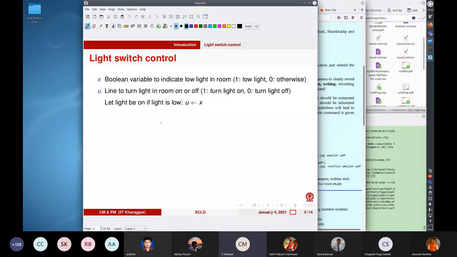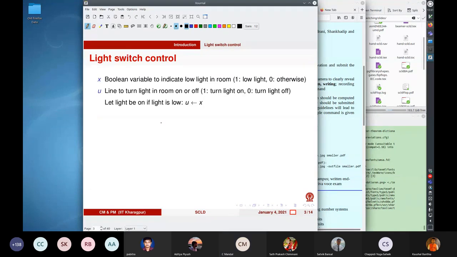Let us say that the corresponding line is U. You have another Boolean variable U which drives the line to turn the light on or off. Let us say that the value 1 on U will turn the light on and 0 will turn the light off. This is just a convention.